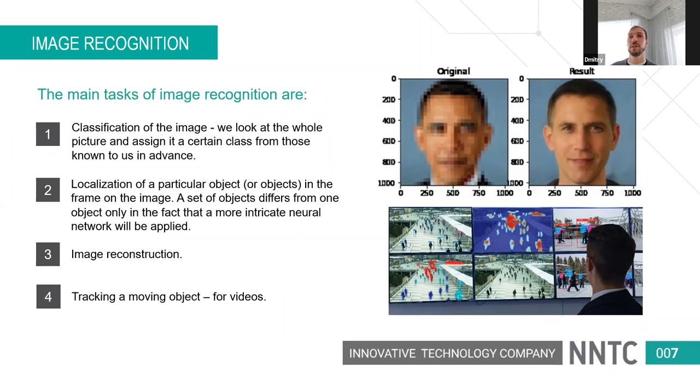And of course, in videos, we talk about tracking of moving objects, which is quite important for law enforcement use cases, for example, where we have to track a suspicious person as he travels around the city and identify the places he could have visited in the past, or where he is right now.